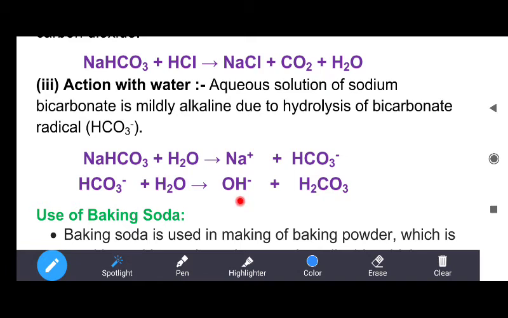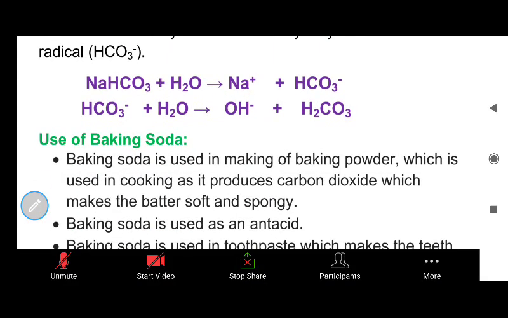Since it forms hydroxide ion, and those compounds which give OH negative ion are called bases, it has alkaline nature due to hydrolysis of bicarbonate radical.